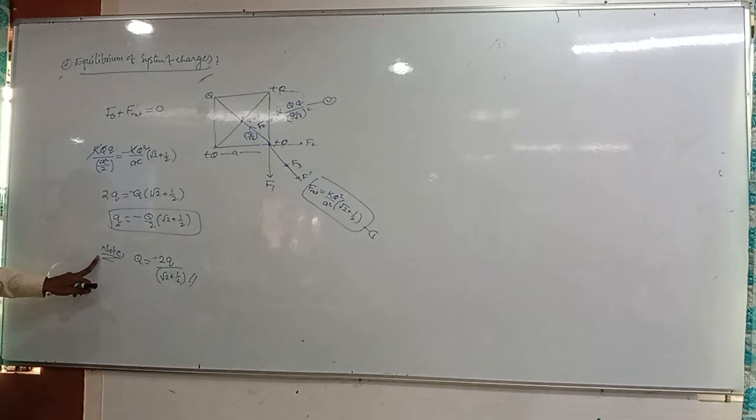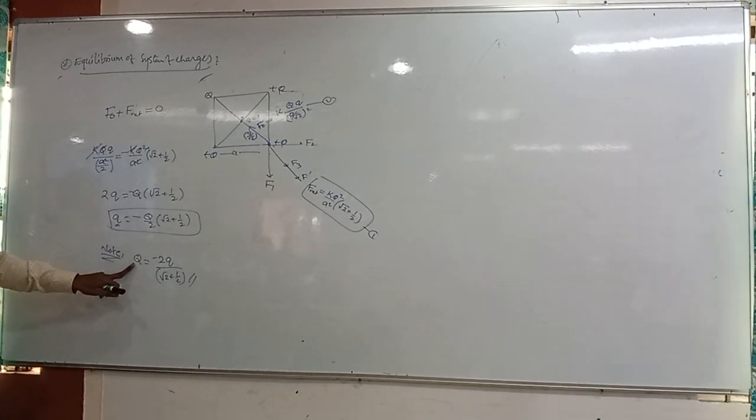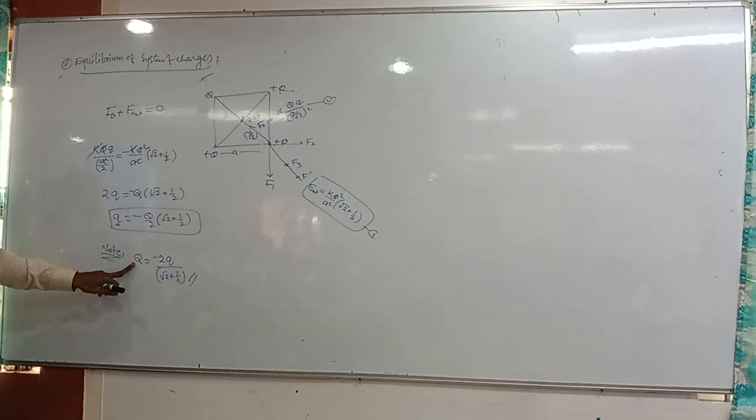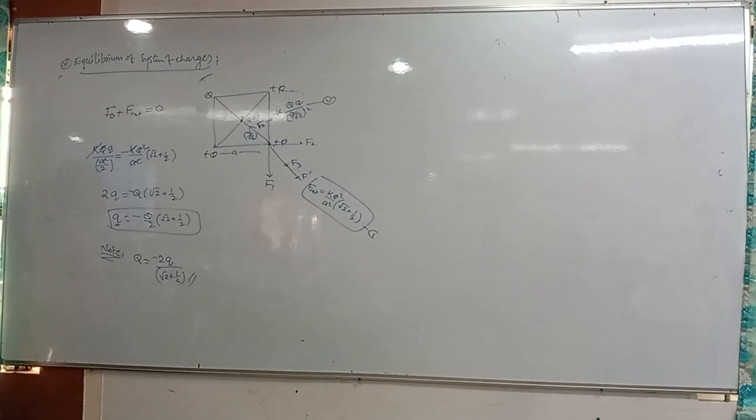That is the charges which are at the corner. Capital Q charge is what we are taking at the corners of a square, isn't it? Q naught or small q we are taking at the center.